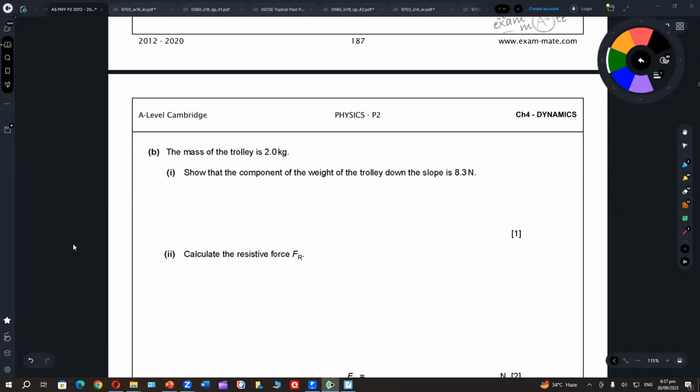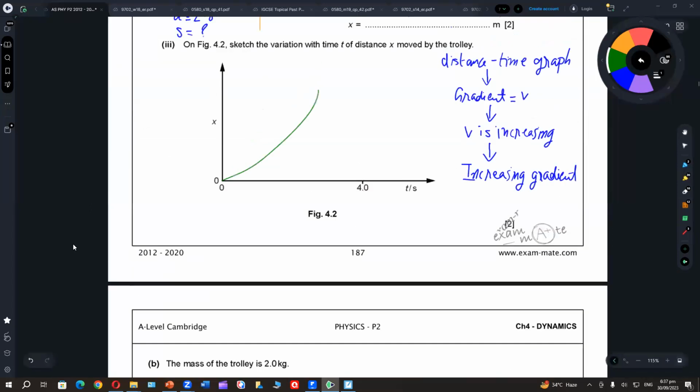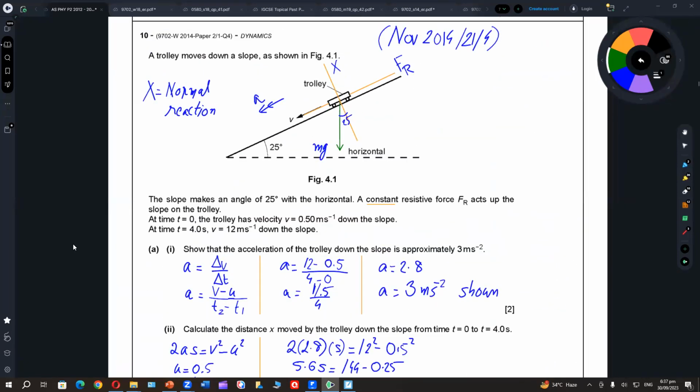The mass of the trolley is 2 kg. Show that the component of the weight of the trolley down the slope is 8.3. Now I go back to the diagram. That is why I want people to have their books so that they can scroll with me also. This is the famous resolution.